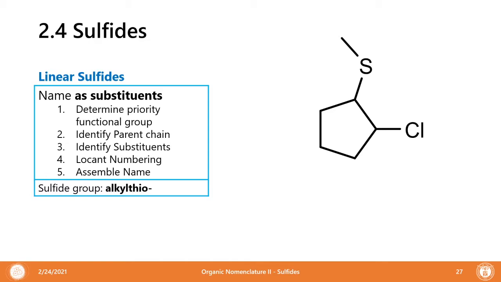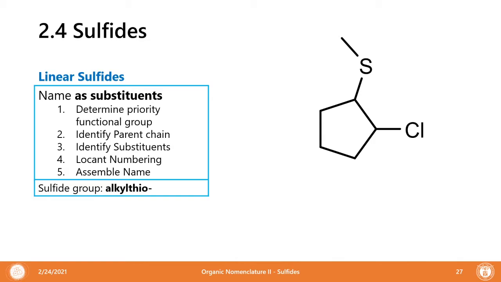So let's learn how to name them. For sulfides, we name them much the same as ethers. What we first do is determine the priority functional group. In this case, sulfides are still lower in priority against alkanes, and so the priority functional group is our alkane.